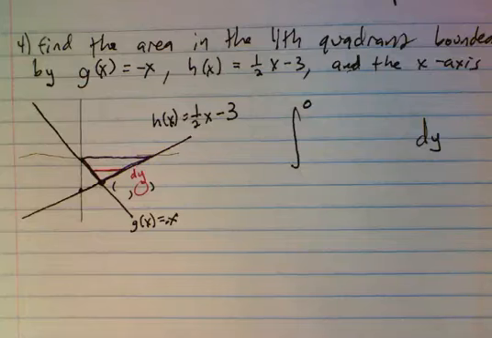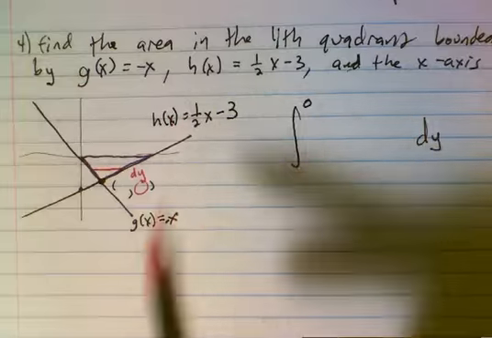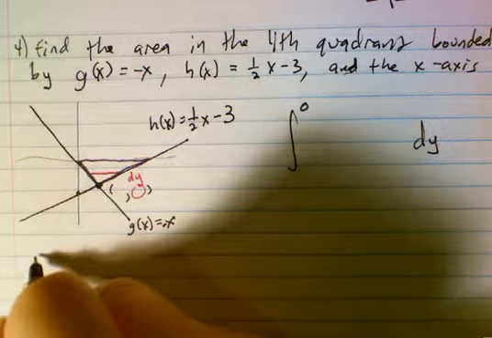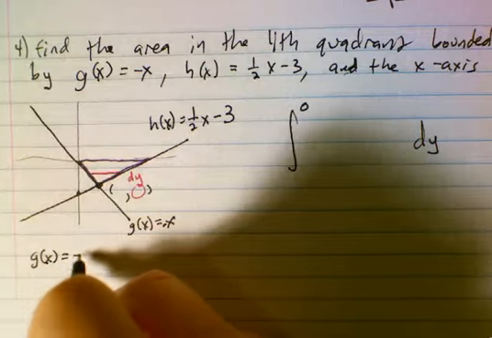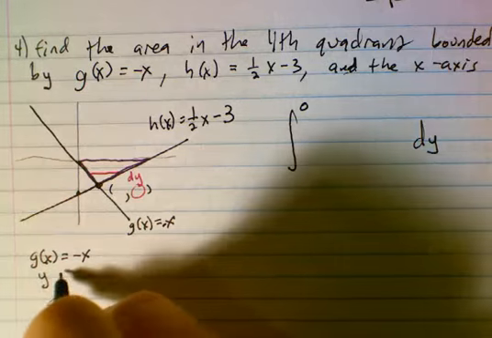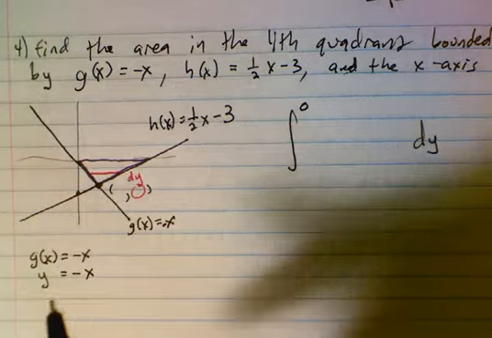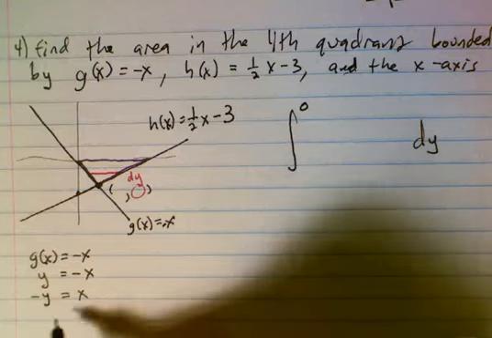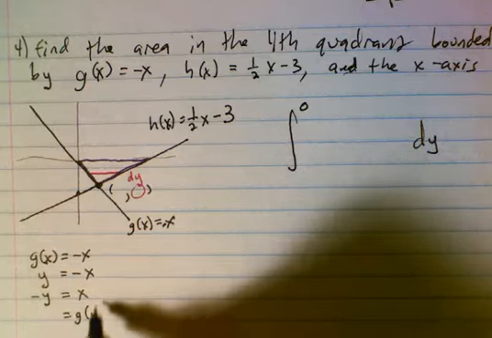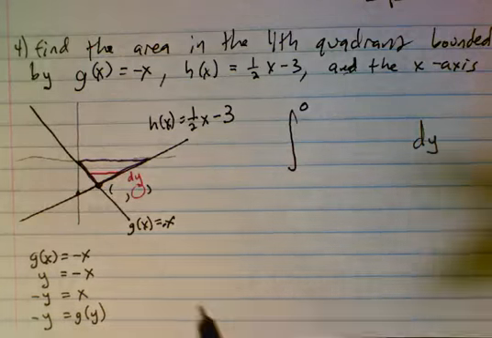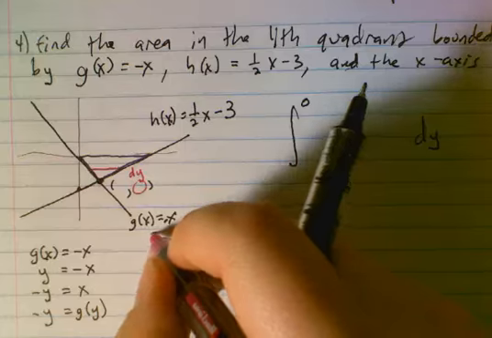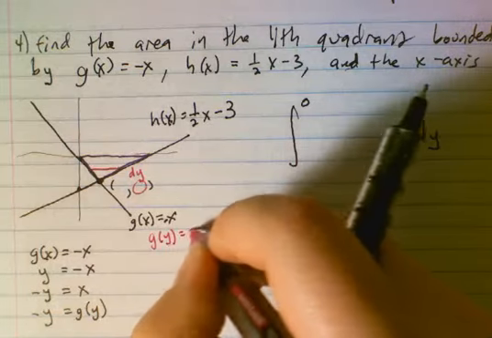Now let's go ahead and turn these into something with y in it because we need to have a y to match this. So g of x equals negative x. Make that be y. Divide both sides by negative 1, and switch it back to our notation. I'll relabel this: g of y equals negative y.